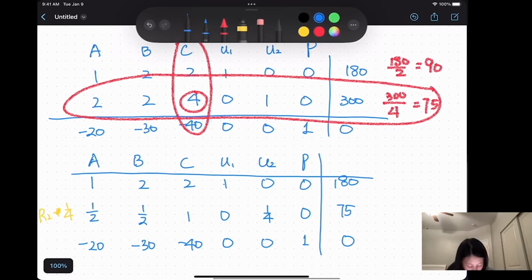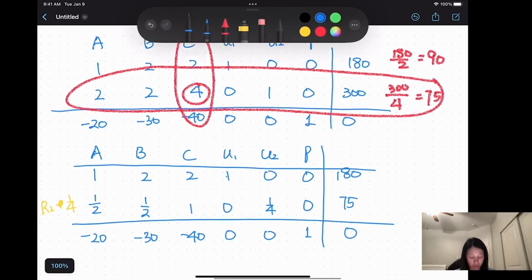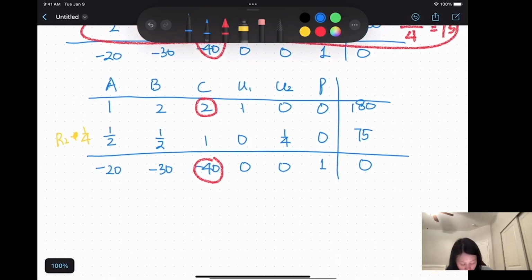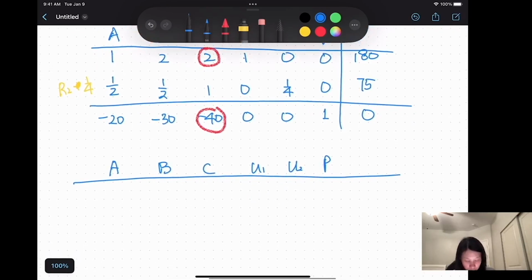Okay, so the next step is we're trying to eliminate these to become 0, right? We want this one and this one to become 0. So what we're going to do is I want the first row minus 1/2 times the second row.